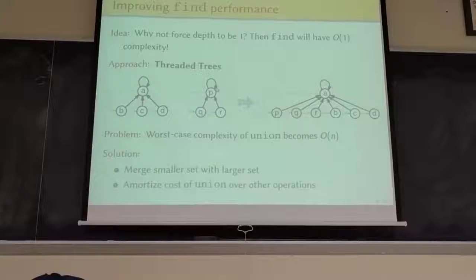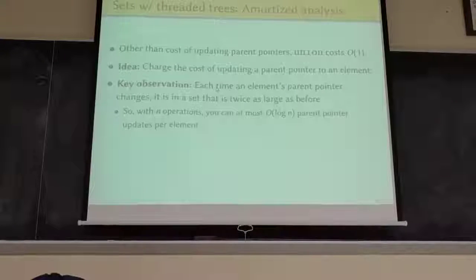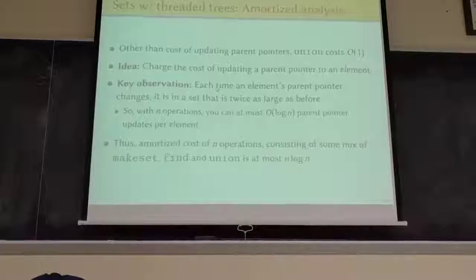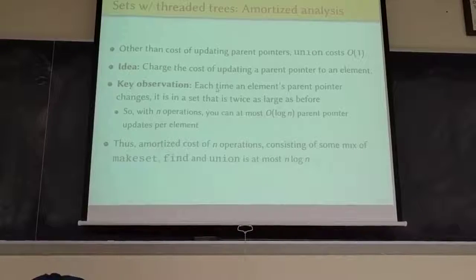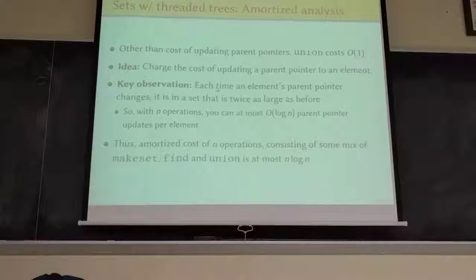And let's see whether I have a detailed analysis here. So what you can do is, other than the cost of updating parent pointers, union takes only constant time because you just have to do this linking.